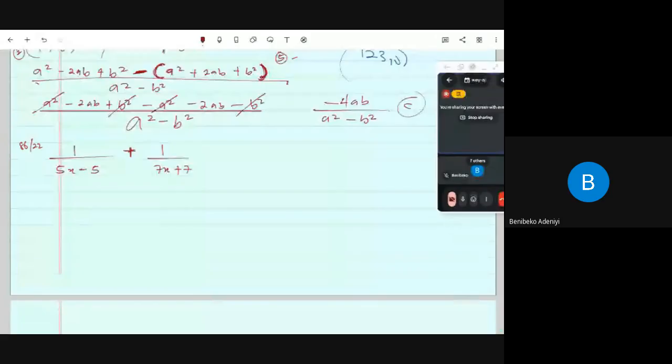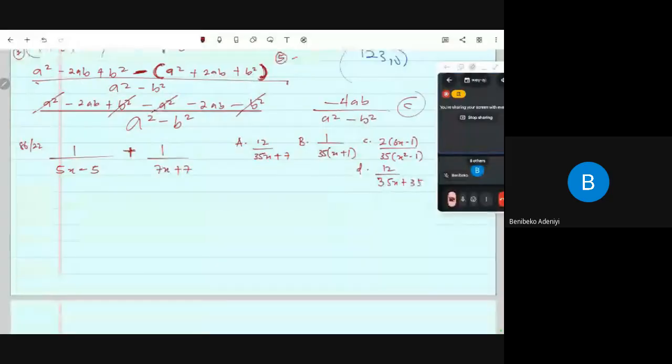Okay, we need the options so that you guys can see what is going on. Here you need option A: 12 over 35x plus 7. B: 1 over 35x plus 1. C: 2 into 6x minus 1 over 35 into x squared minus 1. Then D: 12 over 35x plus 35.